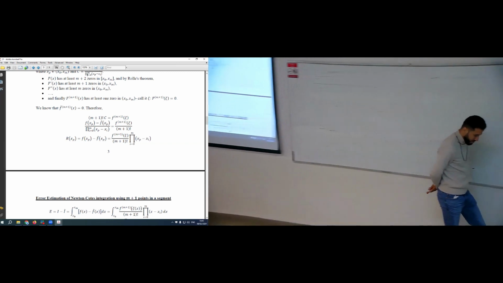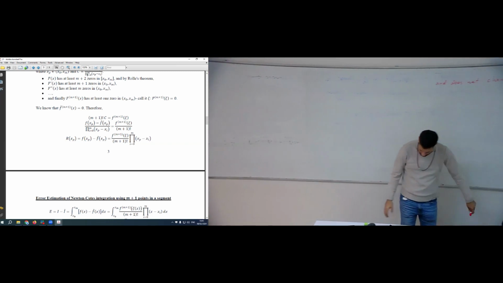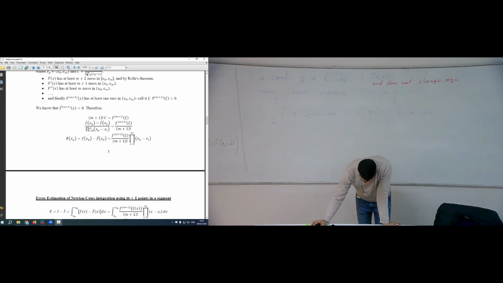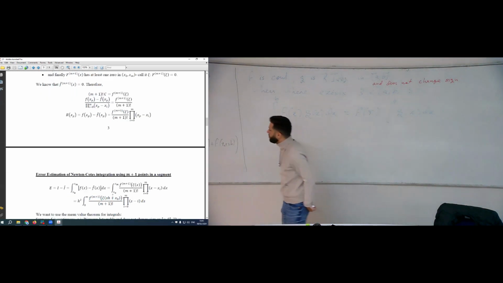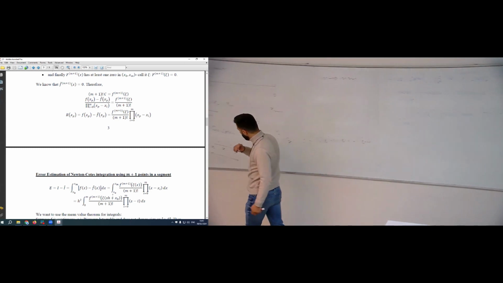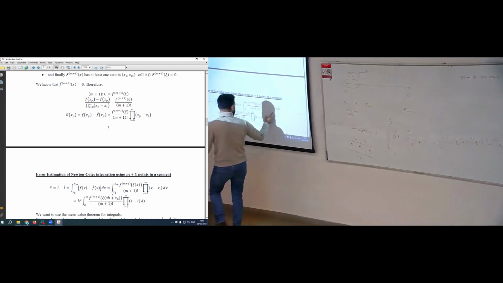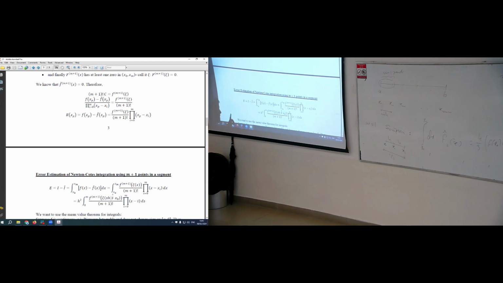Not a real problem, but I have to do something. This thing here is only a change of variable. It's not important. For n equals 1, there's no problem. Why? Because it doesn't change sign.